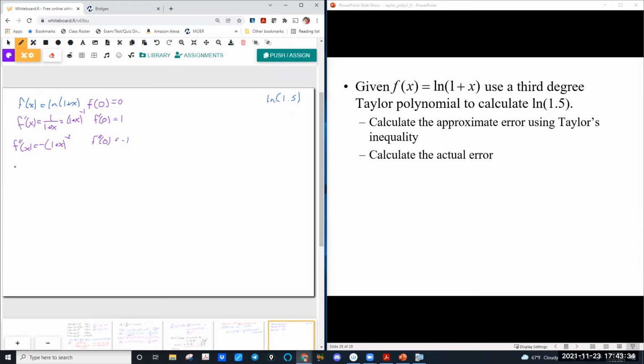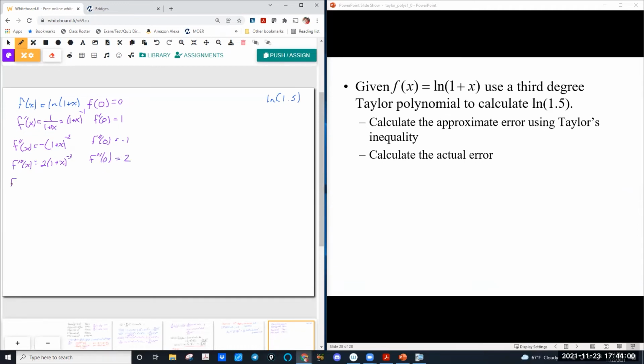We can already probably start to see that it looks like we might have an alternating series here, but let's check it out. f triple prime of x, we're going to need this one for the third degree Taylor. Negative 2 times negative 1 is a positive 2, times (1 plus x) to the negative 3. f triple prime of 0 is going to be 2.